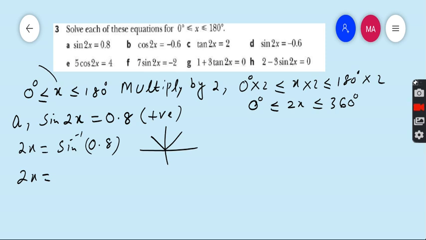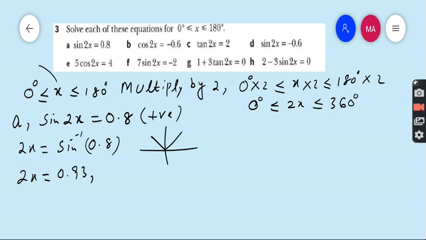The answer is 0.93. But you know sine is also positive in the second quadrant. So we must subtract this 0.93.